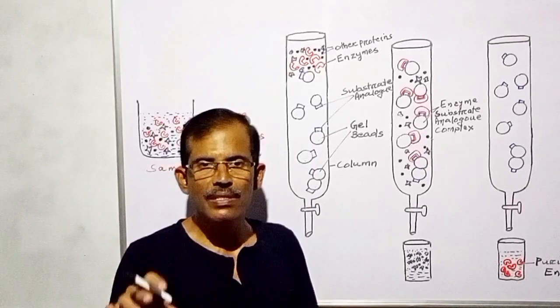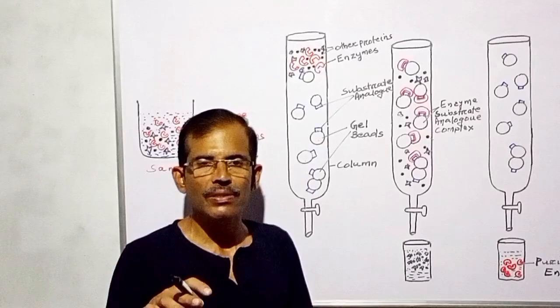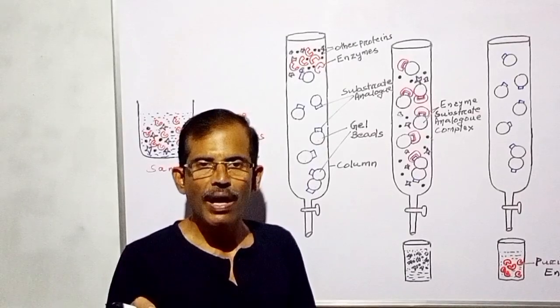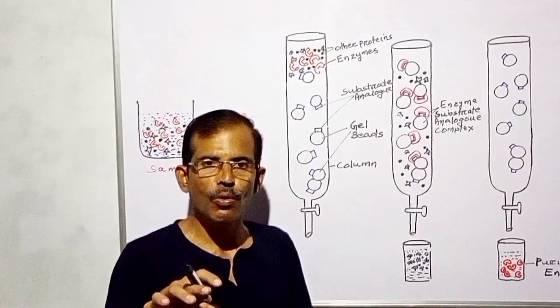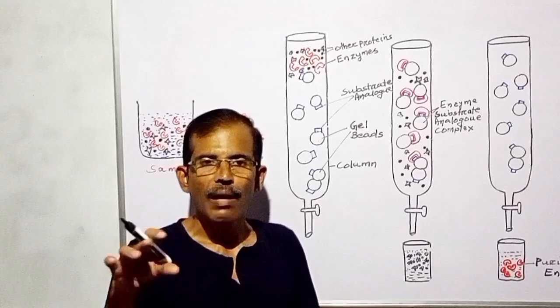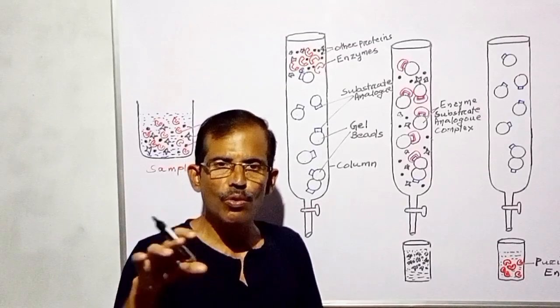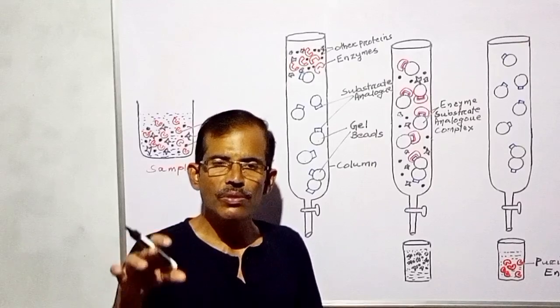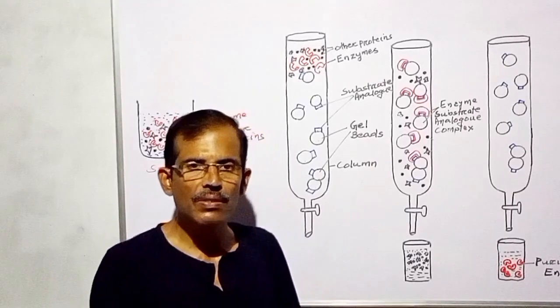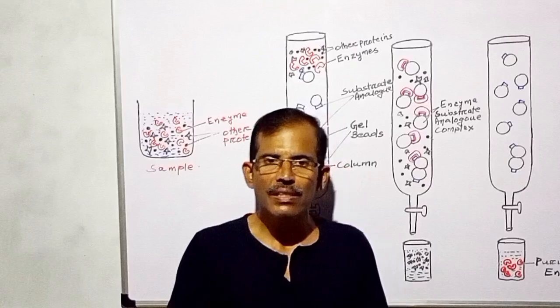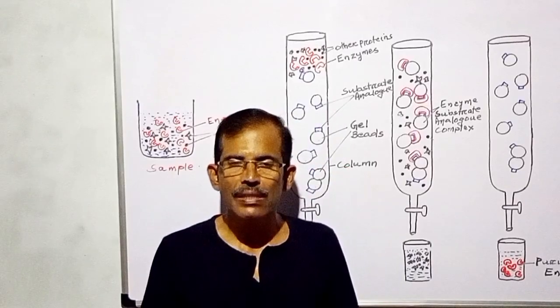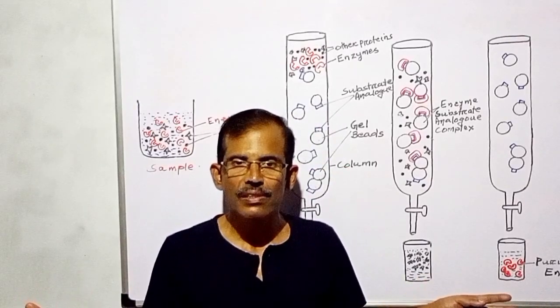Based on the same principle, hormone receptors can also be purified by using specific hormones as ligands. Affinity chromatography is not limited to the proteins only. It is also useful for the separation of nucleic acids, cell fragments, and even whole cells.